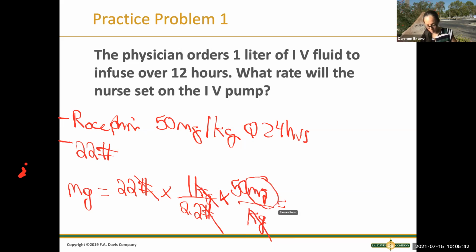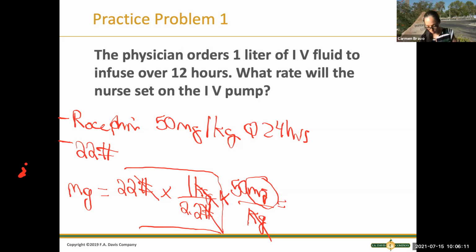So when you multiply, there are students who convert this first. I don't recommend that because it's not always going to be a round number. Sometimes you get a kid that weighs 15.32 kilos or something like that. Then you round it down, and you miss some milligrams on the way if you do it separately.